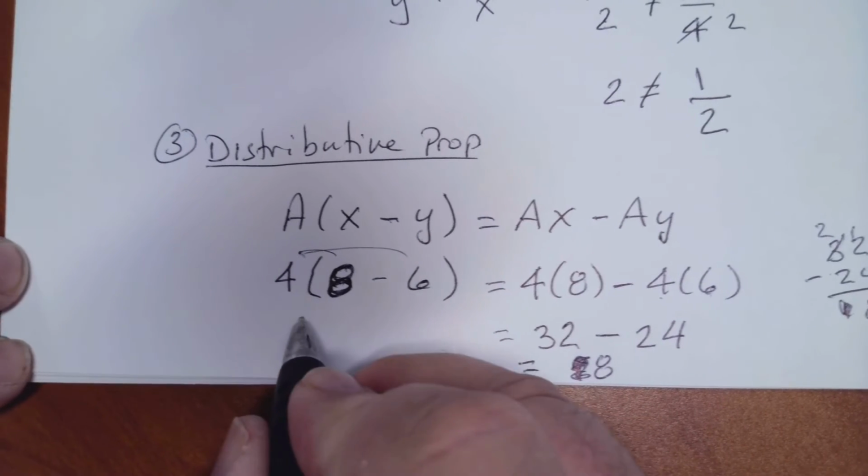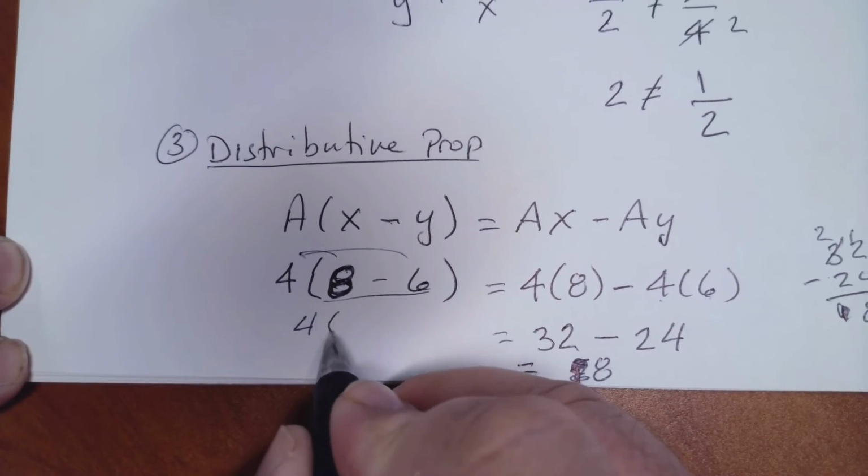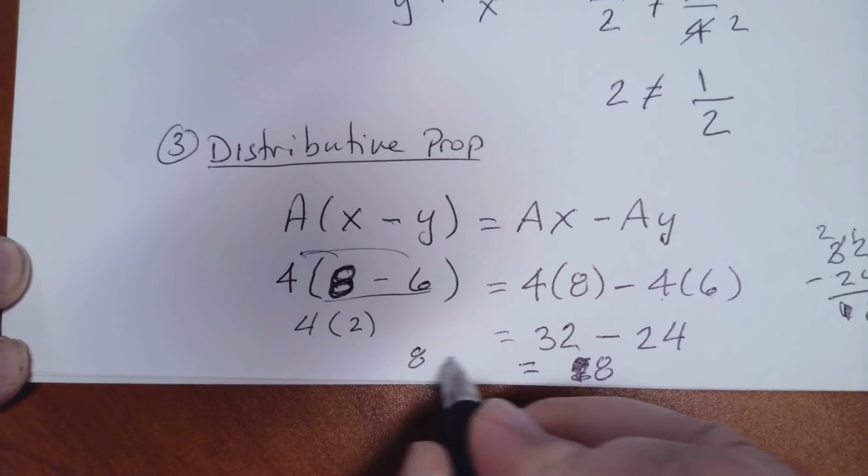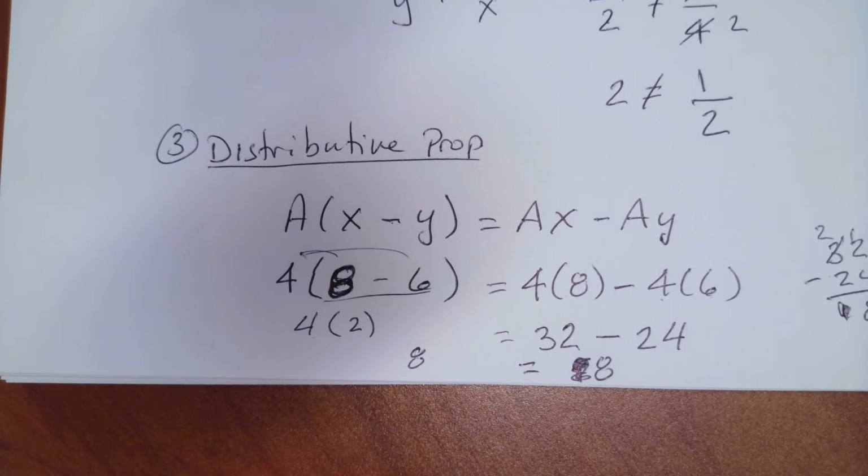Let's look at the other side. Do inside the parentheses. 8 minus 6 is 2. 4 times 2 is 8. So does it always work?